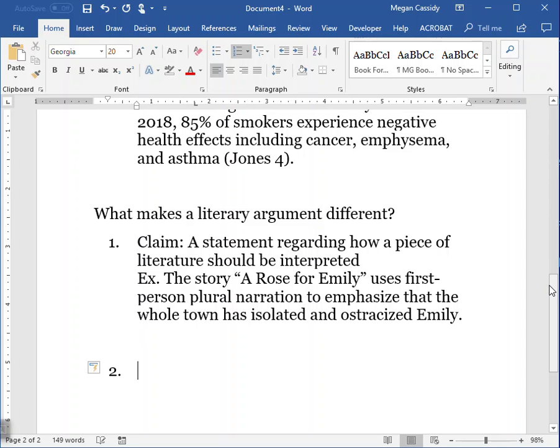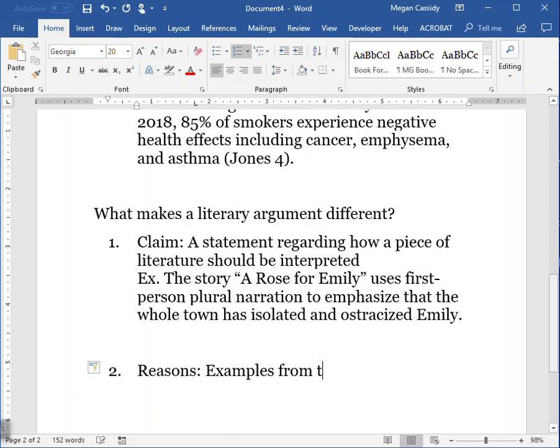An example of this, when you read the story, if you haven't yet, you'll see the narrator saying, we in the town. They use the word we. They'll say things like, us men went down, we women were standing around, those kind of things. So it's an interesting story, I think, because it's not just one person talking. It's a group of people talking. And my claim here is that Emily is isolated and ostracized, and the story is using that narration to emphasize her isolation.